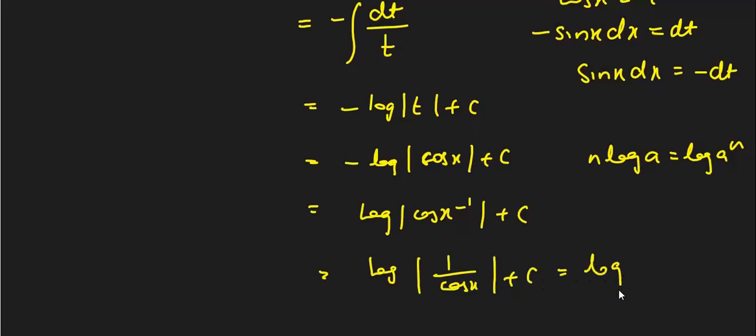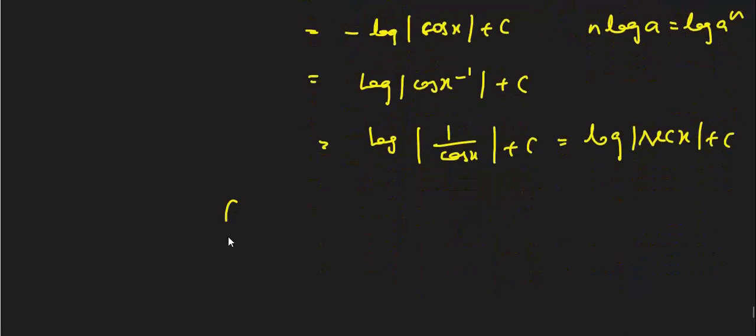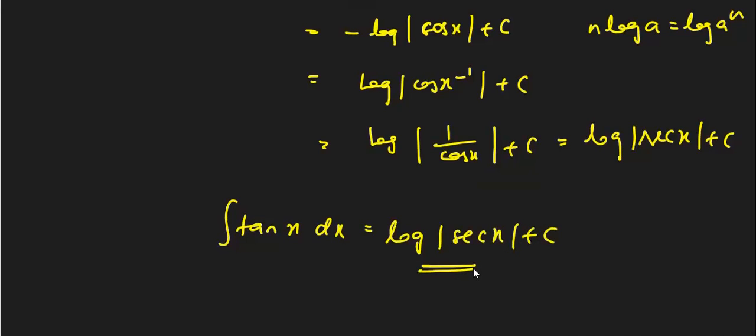That is actually log of mod of secant x plus c. So we learned the formula integral tan x dx equal to log of mod of secant x plus c.